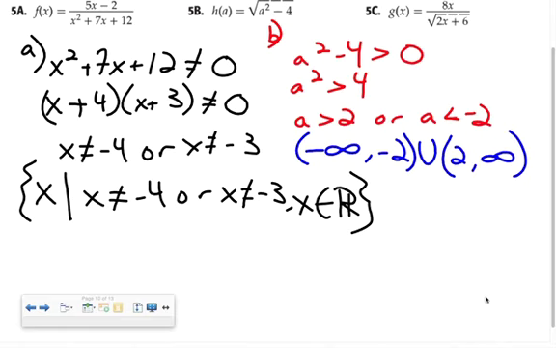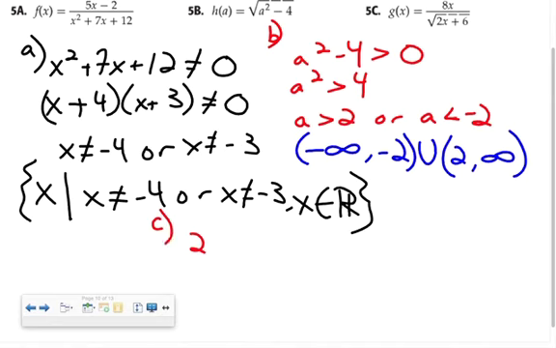In part C, I have a few things going on. I want to make sure that I'm not dividing by 0 so that 2x plus 6 can't equal 0. And I also want to make sure that I'm taking the square root of a positive number so that 2x plus 6 has to be a positive number, meaning it's got to be greater than 0. So if it's greater than 0, I'm already ensuring that it doesn't equal 0. Okay?